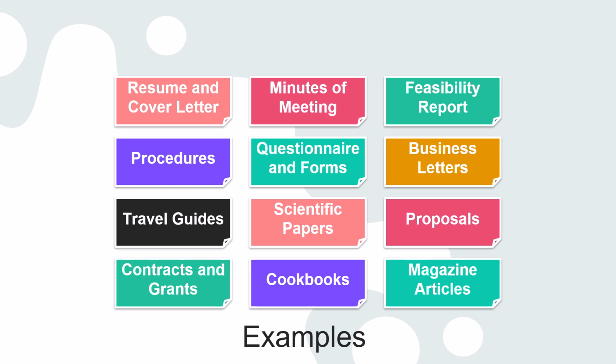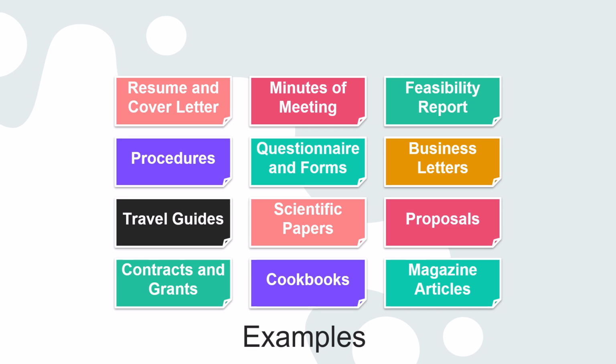So let's take a look at cookbooks. I think most of you have seen a cookbook before. For any cookbook available in the world, you will see that the cookbook will have specific information, specific audience, and specific purpose.